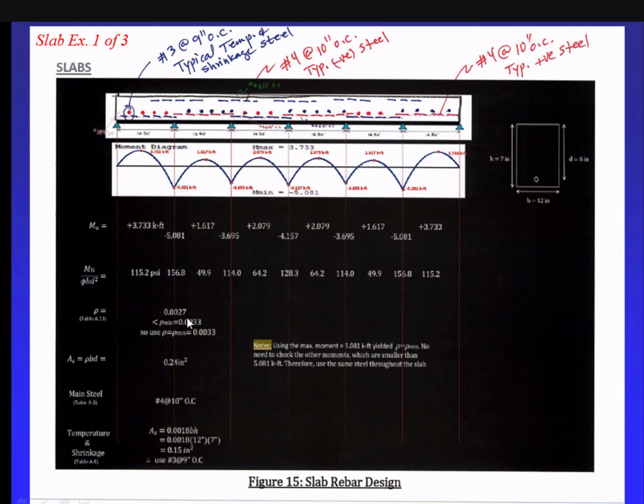Okay? This is where the important point is. But remember f'c 4,000, fy 60,000. If you look at rho minimum, the minimum rho allowed is going to be 0.0033. See that? So the rho we calculated is less than rho minimum. So what are we gonna do? Anybody? If my rho is less than the minimum rho the ACI code tells me I have to use, which rho am I gonna use?